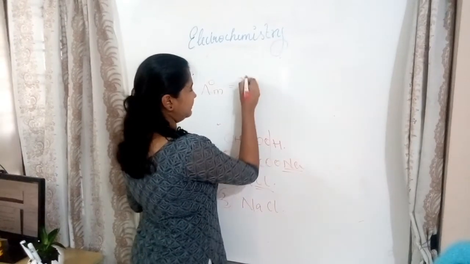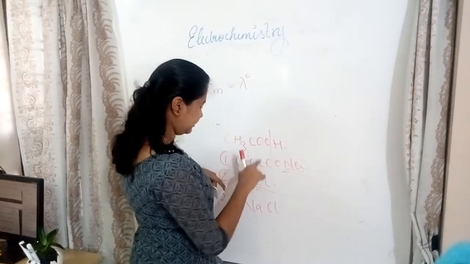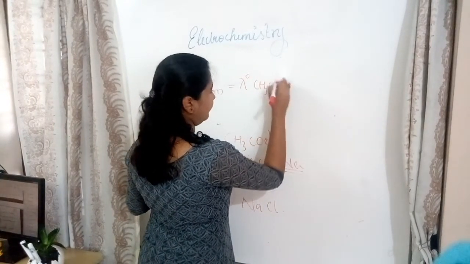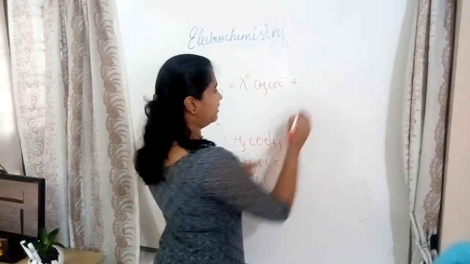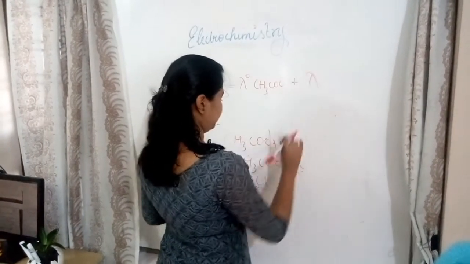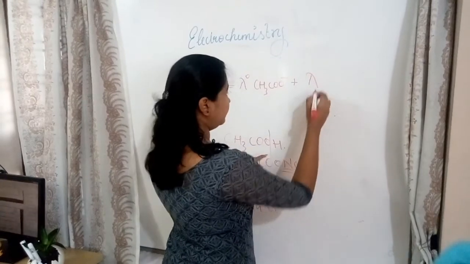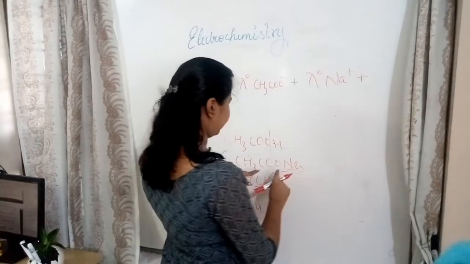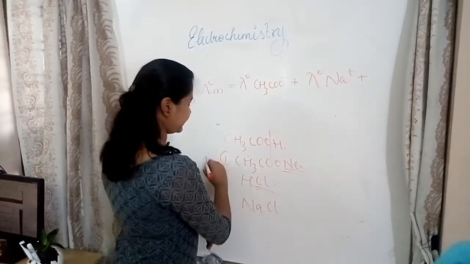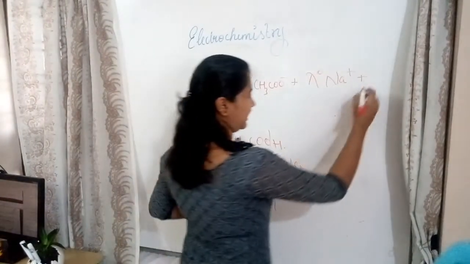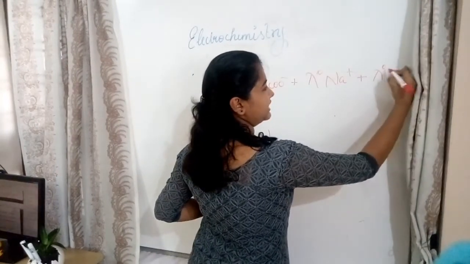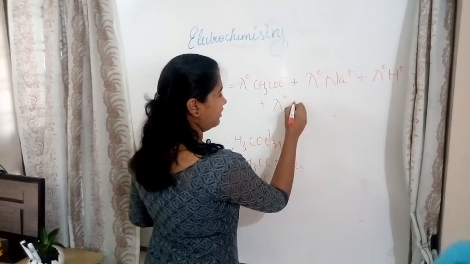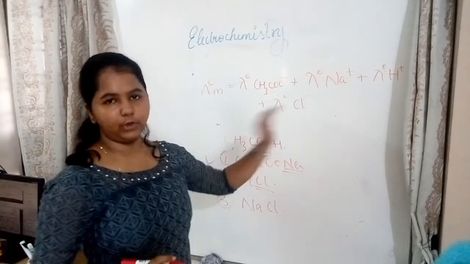That is lambda 0 of CH3COO minus plus lambda 0 Na plus. This is the first one, and it is complete. Now for the second one, plus lambda 0 H plus, lambda 0 Cl minus. We found out all of this.